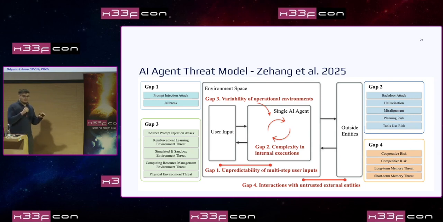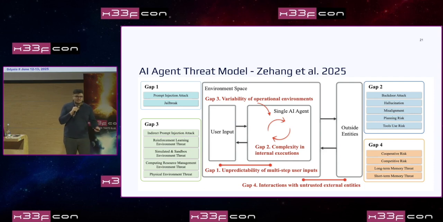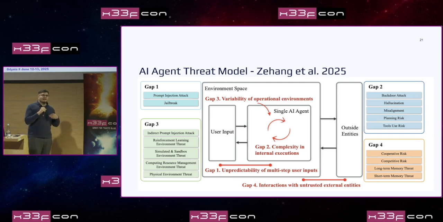The first one and the fourth one will be very similar, so I will address them now. Those are unpredictability of multi-step user inputs, as well as interactions with untrusted external entities. So basically, when a user of your system interacts with your agent, or when an external entity like a web page or a server interacts with your system, they can introduce harmful prompts.